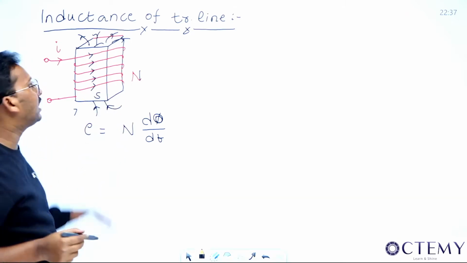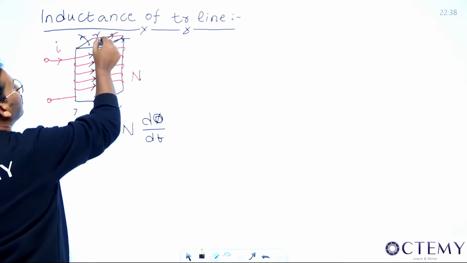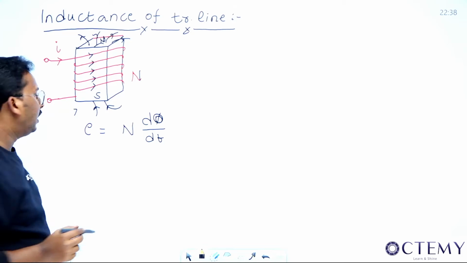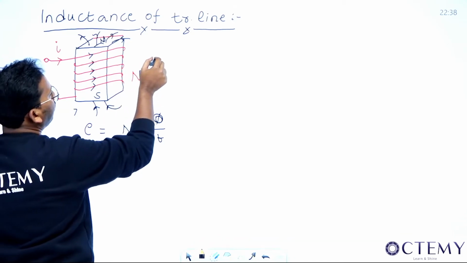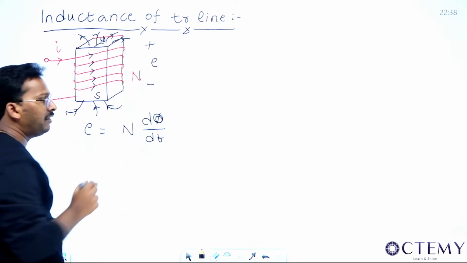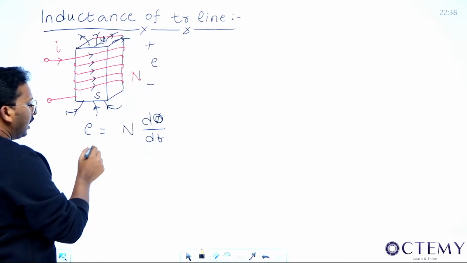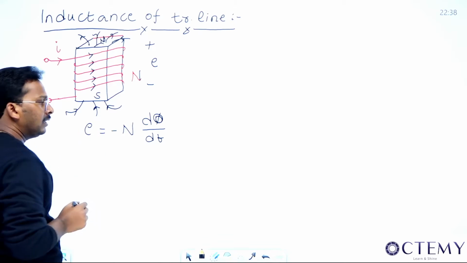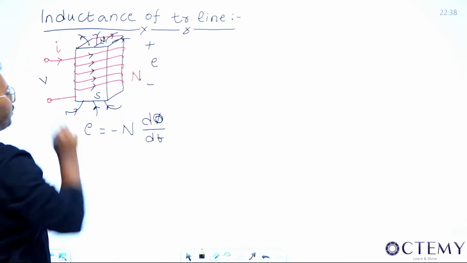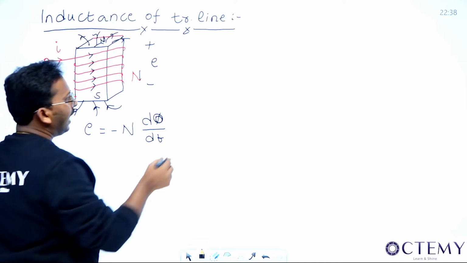For the next half cycle, this becomes south, this becomes north. So because of this, a voltage is induced whose magnitude is given by N d phi by dt. And if you want to put a minus sign, that is because of Lenz's law, it opposes the applied voltage V.